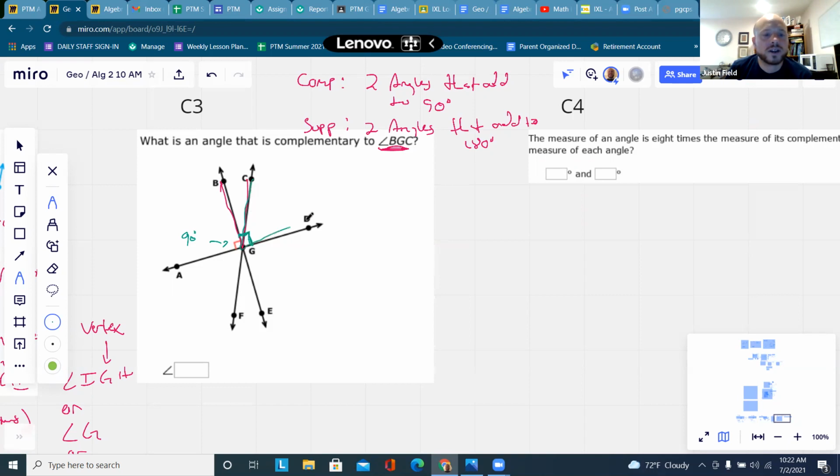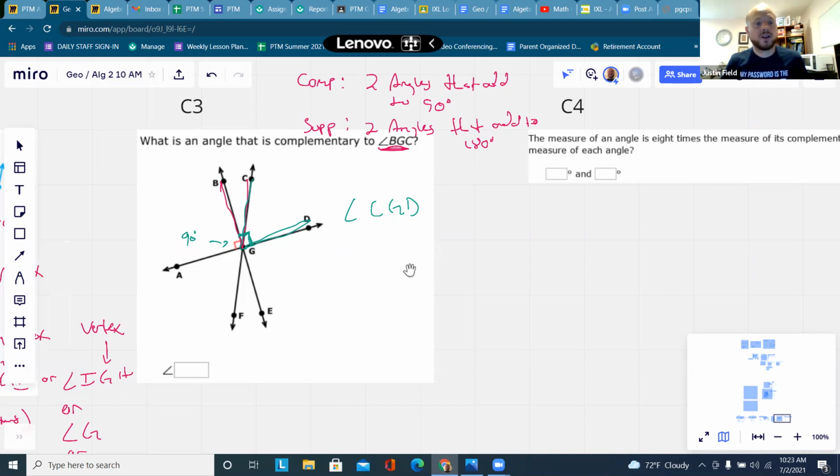So this angle and BGC are complementary because together they make a right angle. So I would say CGB. Doing this assignment will first help you practice naming your angles, and second, identify complementary and supplementary.